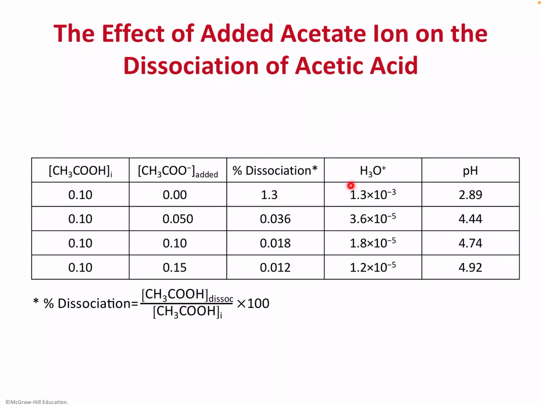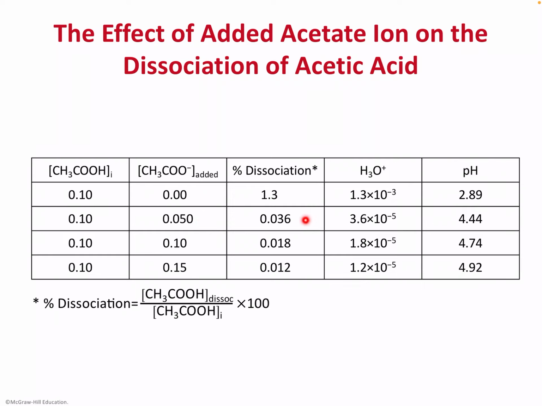And this is the hydronium ion concentration. So let's say you add to the same concentration of acetic acid, you add acetate ion, 0.05 molar amount. So the percent dissociation decreases, right? Because you have added some acetate ion.